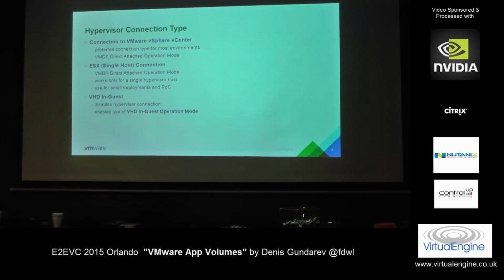VHD file is attached before user logged in, but after the computer starts. So there is a difference when VHD or VMDK are attached, but after user logged on, he already has his applications, and there is no difference.